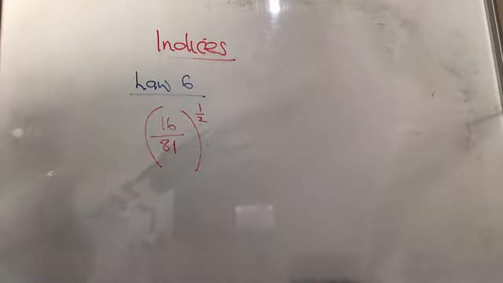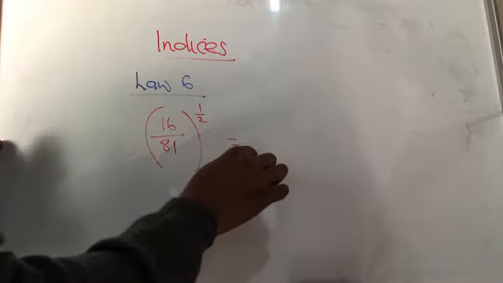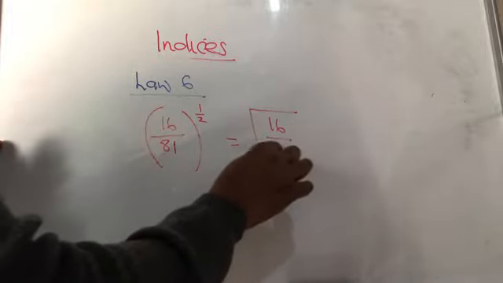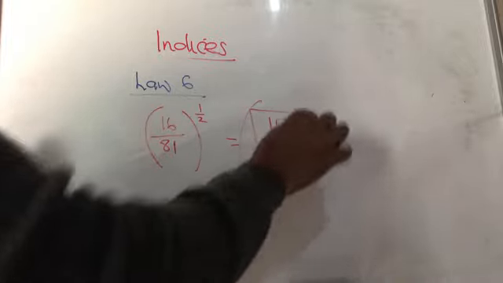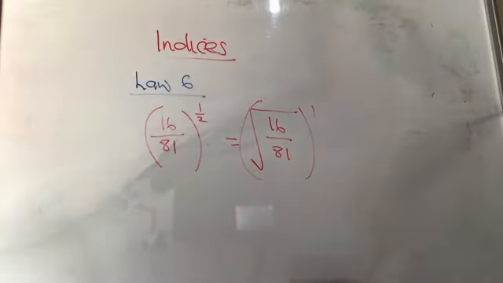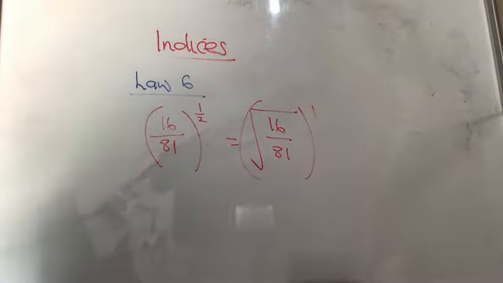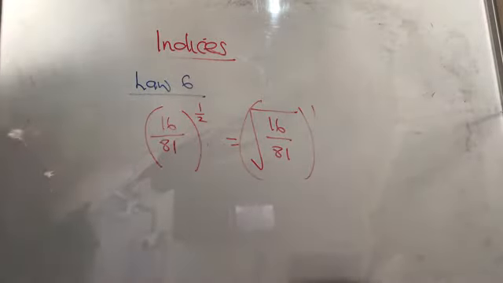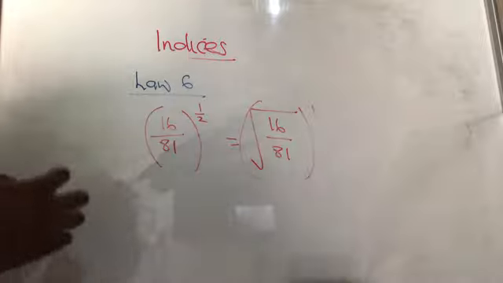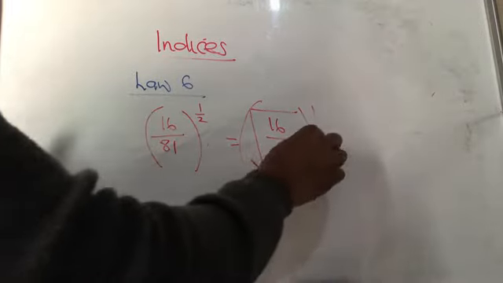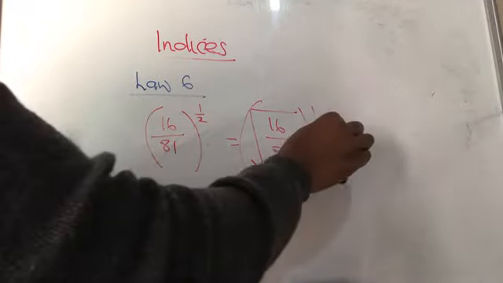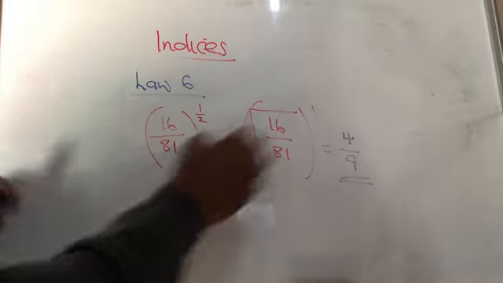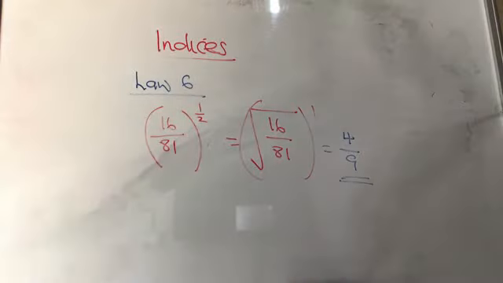Right, so in other ways we can rewrite this by saying this is the same as the square root of 16 over 81, all raised to the power of 1. The 1 now remains there. What comes to the square root sign is the 2. We know any number raised to the power of half is the square root of that number. Alright, so the answer to this will be equal to, we know the square root of 16 is 4, the square root of 81 is 9. So the answer is 4/9. That's the answer to this one.